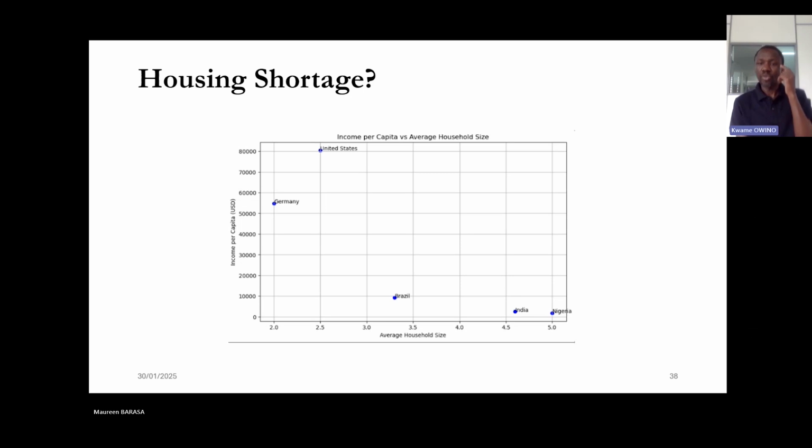India and Nigeria, which are closer to Kenya, are at about $2,000 each. For Nigeria and India, about 2,400. Kenya has an income level comparable to India, but the average household size in Kenya is closer to Brazil at 3.7.